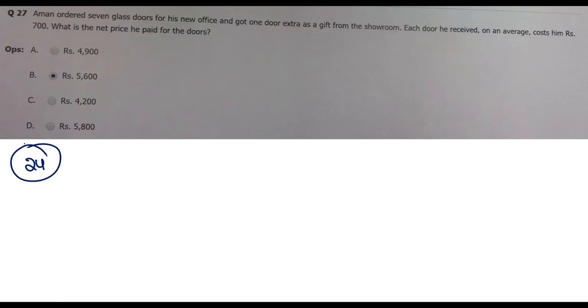Now see the next one, 24. A man ordered 7 glass doors for his new office and got one door extra as a gift from the showroom. Each door he received on an average cost him 700. What is the net price he paid for the doors?